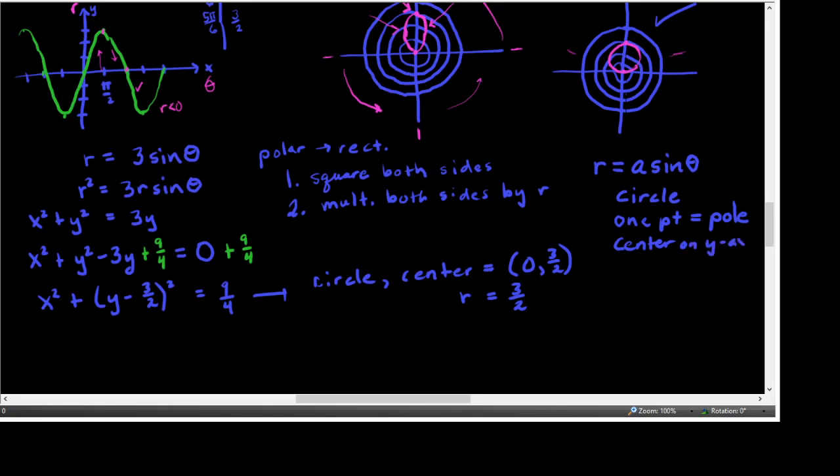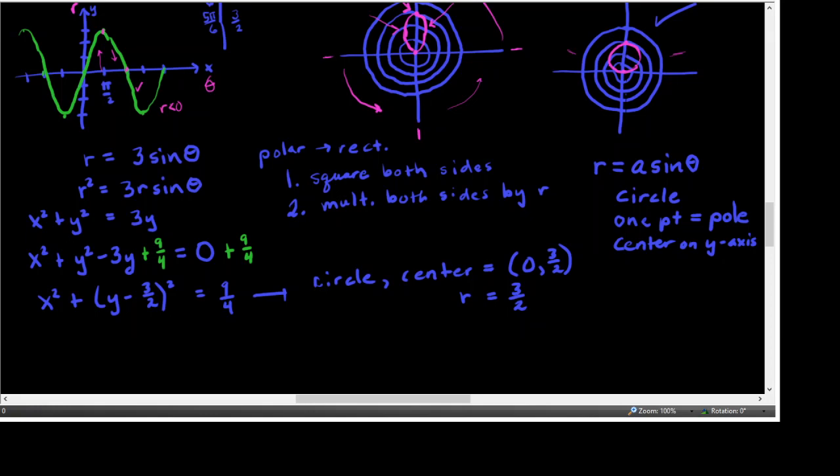The way you might remember that is that sine of theta is related to y, because y is equal to r sine theta. So when it's a sine theta in that position, the center's on the y-axis, and the a, if you look back at our equation 3, what about that circle is 3?